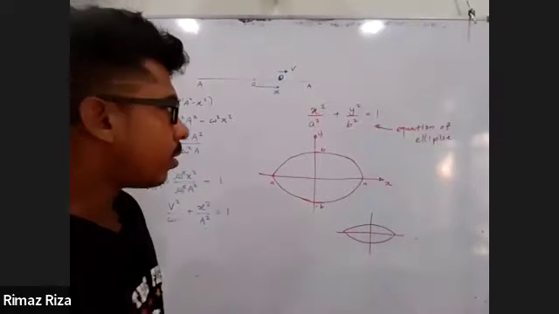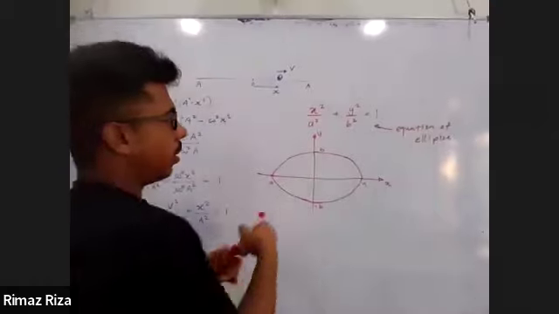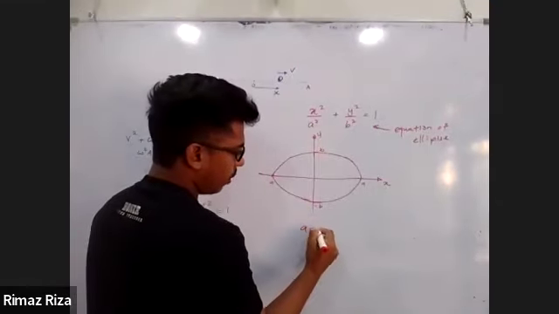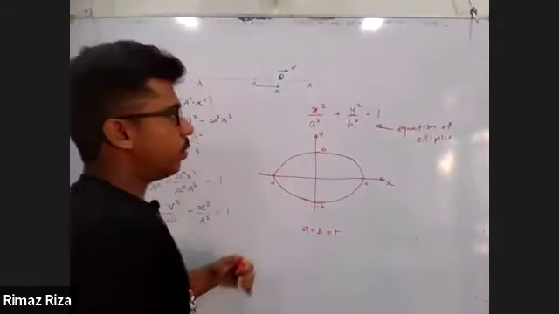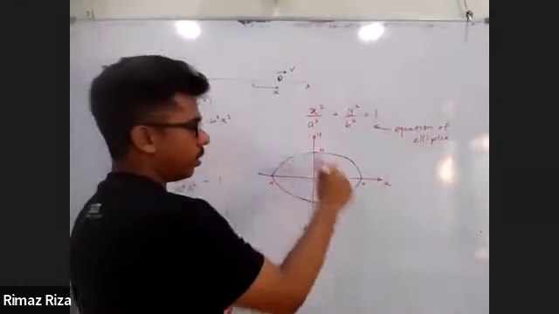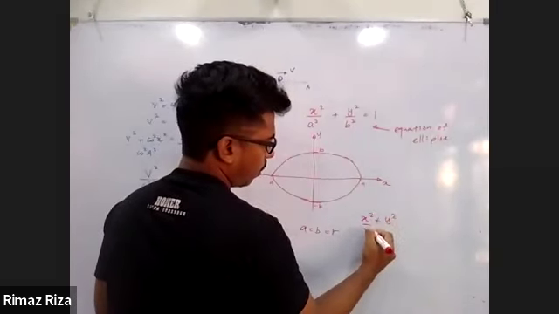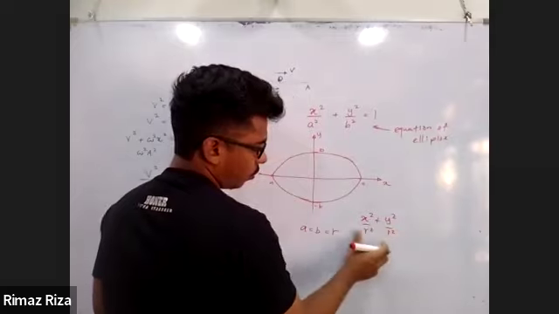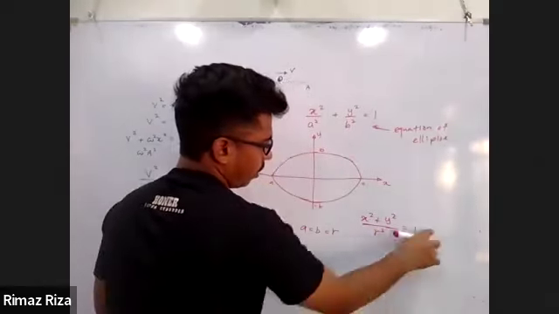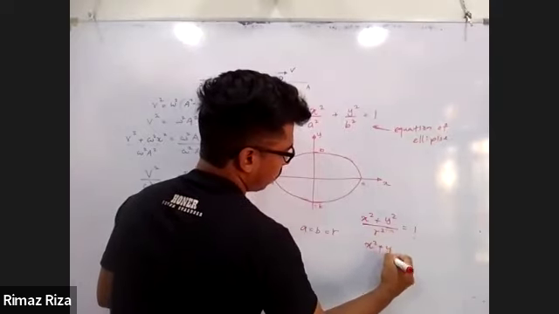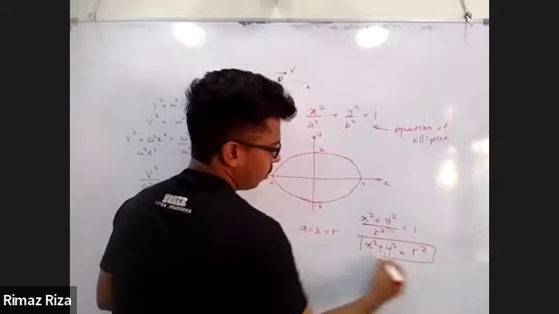Now in this equation, what if a equals b? Let's say a equals b equals simply r. Now what do you get? Here you get x squared plus y squared over r squared equals 1. So r squared to the other side: x squared plus y squared equals r squared. This is the equation of a circle.